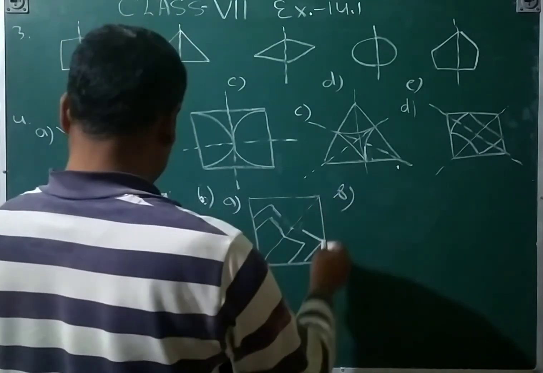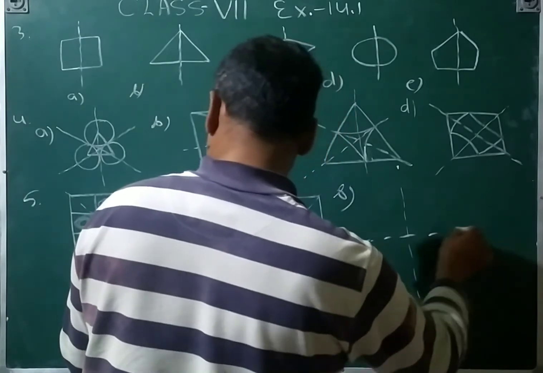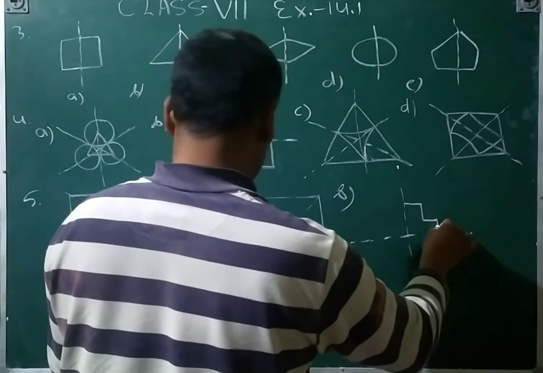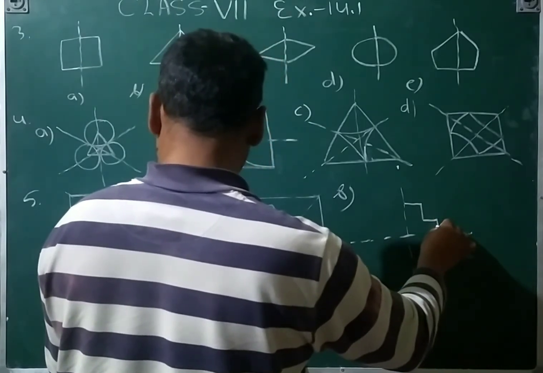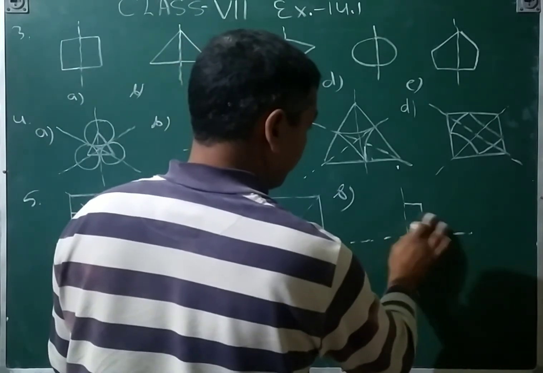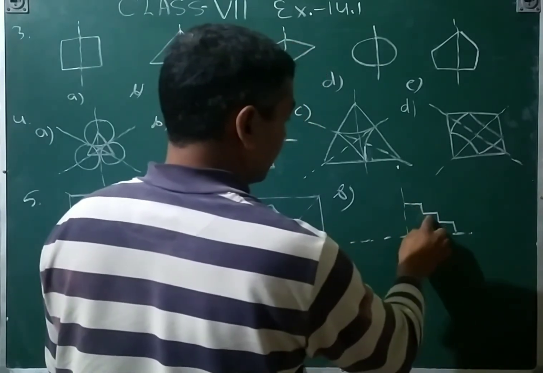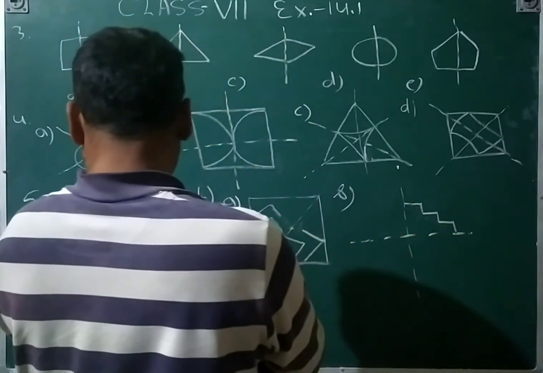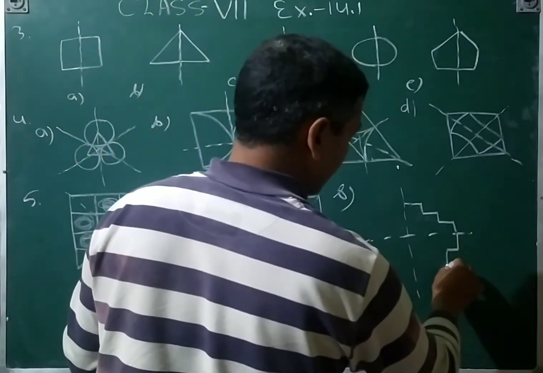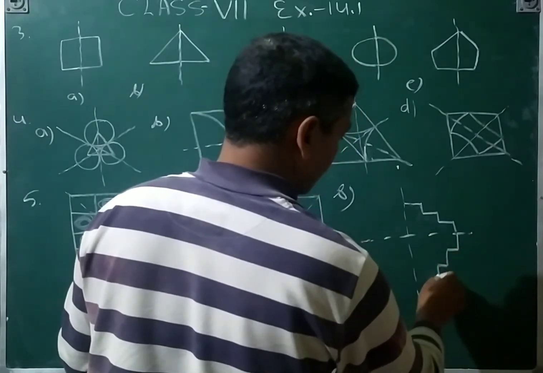And then B part, you are looking, a double cross line is there. So first of all, you go that side, that side, that side. 1, 2, 3. 1, 2, 3. 1, 2, 3. So similarly here also 1, 2, 3.